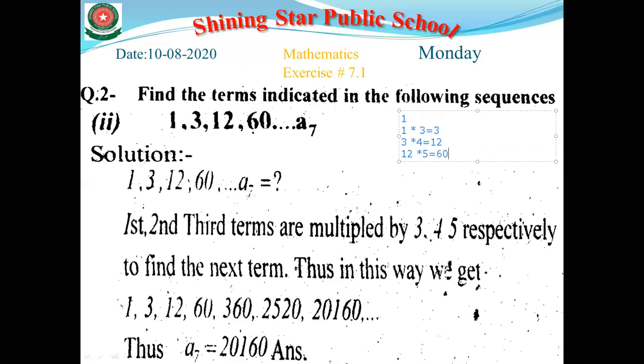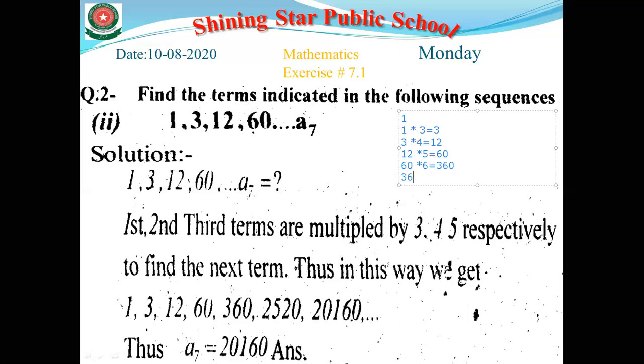It means here we have the first term 1. Now we multiply the first term with 3, so we get the second term 3. Now we multiply the second term with 4, so we get the next term 12. Now we multiply 12 with 5, so we get the fourth term 60. Now we multiply the fourth term with 6, so that is equal to 360.